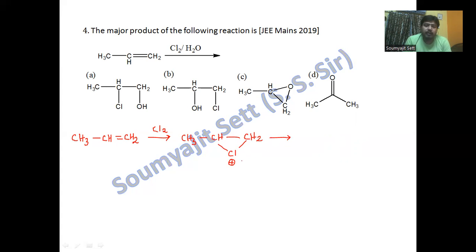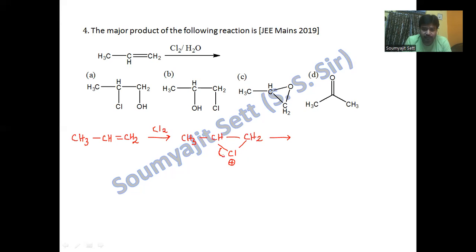But since Cl is comparatively more electronegative, a positive charge on the Cl atom is unlikely. So one C-Cl bond will be broken. Now which C-Cl bond will be broken? That C-Cl bond will be broken which can produce the more stable carbocation.